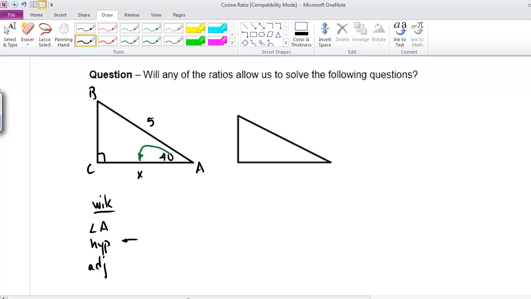And what I hope you would recognize is none of the ratios you've learned so far have an adjacent compared to a hypotenuse. So we do not have opposite adjacent, that's the tangent ratio, or opposite hypotenuse, that's the sine. So no, nothing we know right now is going to allow us to solve that.